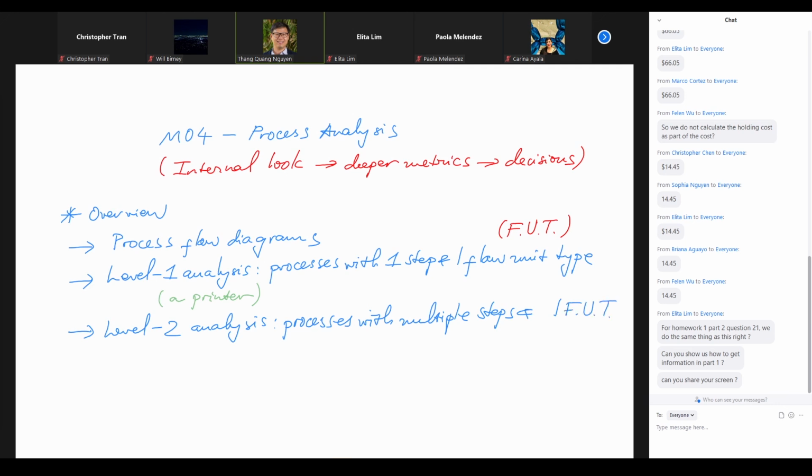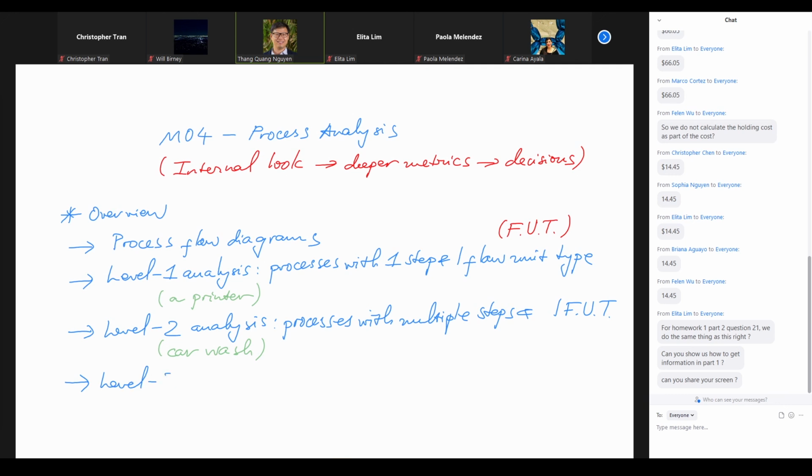So it's a little bit more complicated than the level 1 analysis. For example, in the car wash process, we treat all the cars the same, so only one type going through, but each car will have to go through different stations: the soap, the rinse, and the blowing stations, right? And then we build up the level of complexity.